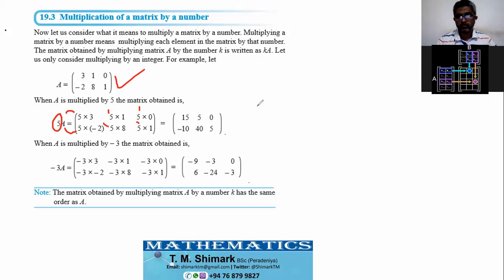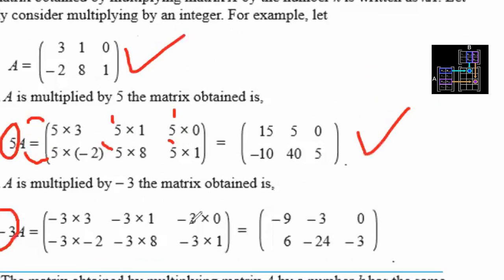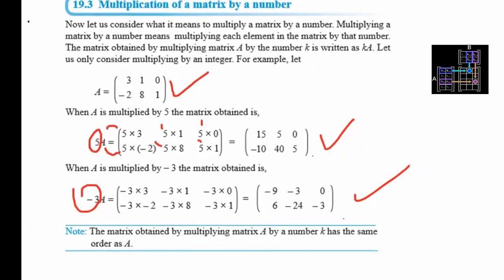All right, that's all. So here minus 3 we are multiplying, and it goes to every element like this. So very simple. You don't have to break your head. The only thing you have to remember is it's not going to one element or two elements. It goes to every element of that, and it goes as multiplying.